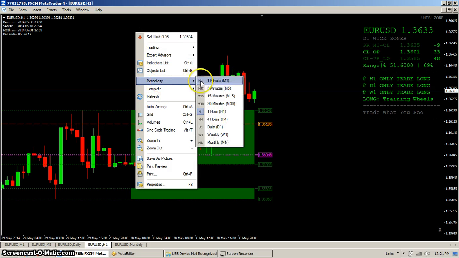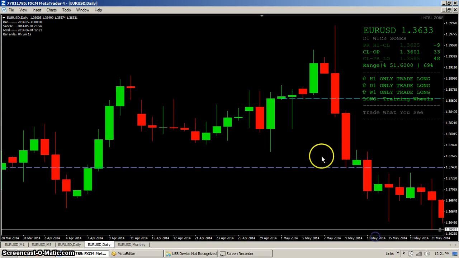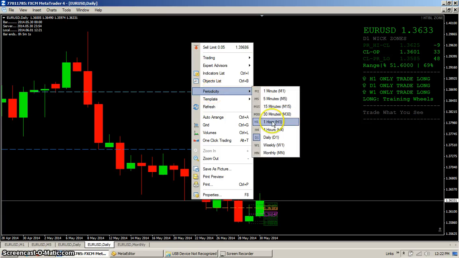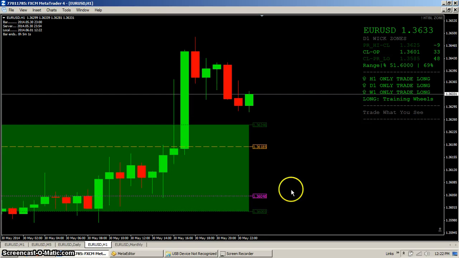So if I switch from H1 over to D1, we can see it here where the upper wick zone is from here to here and the lower wick zone is from here to here. It's kind of hard to see these numbers because it was such a compressed candle. But if I switch back to H1 and expand the chart, we can see it.